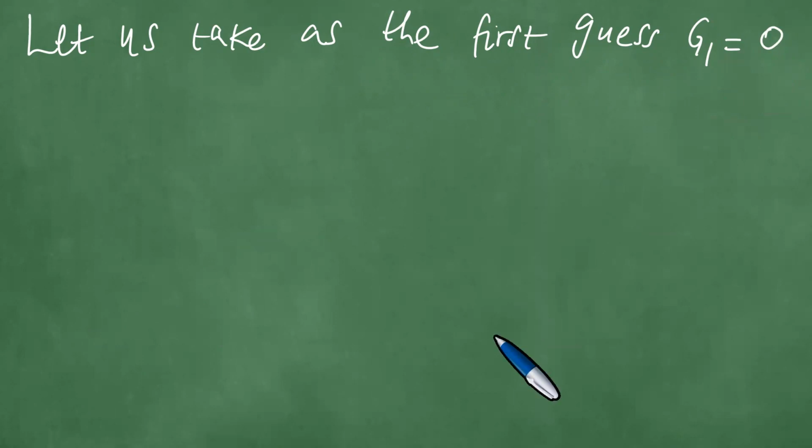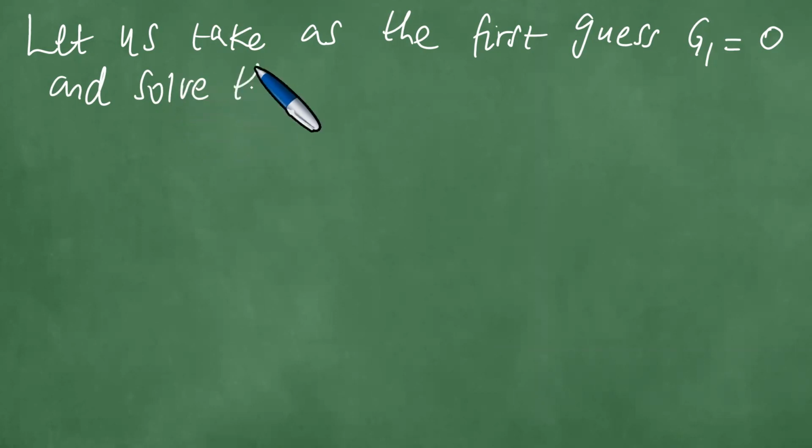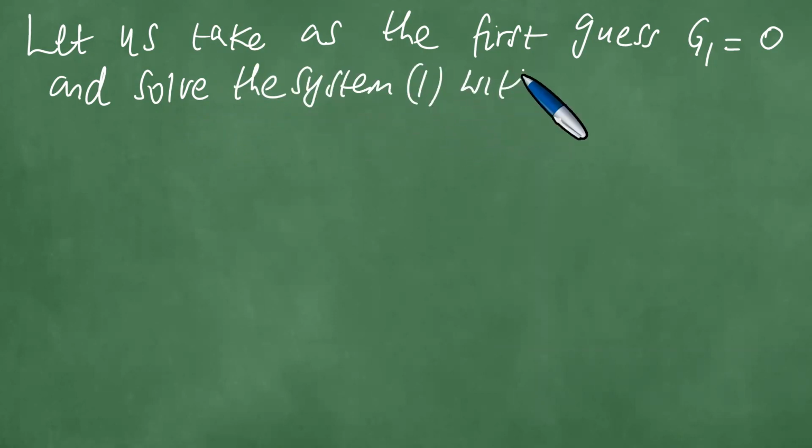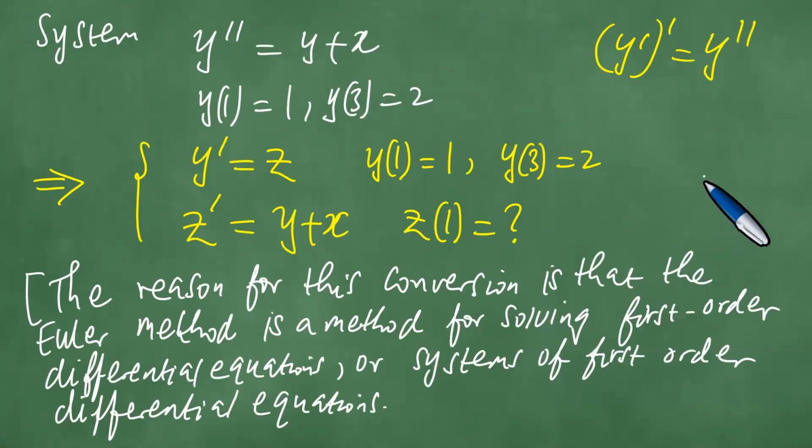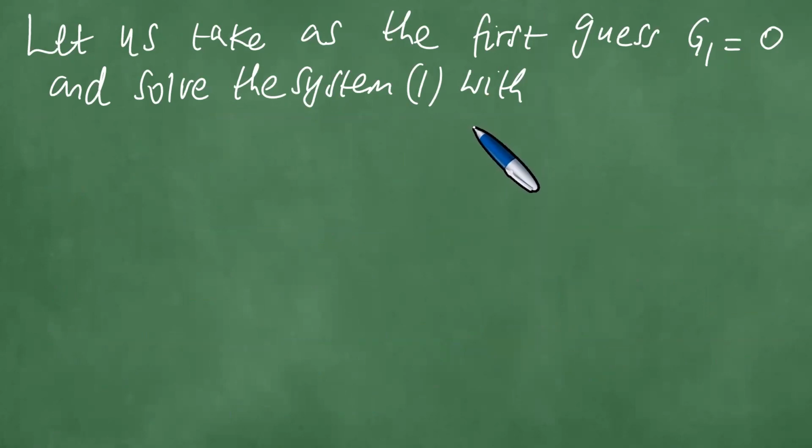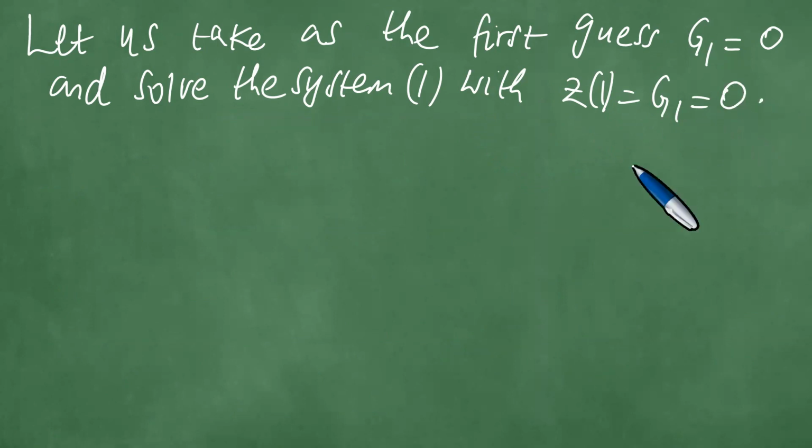We start at 0 and solve the system. Let's call it system 1, with z at 1 equals guess 1, which equals 0. The guess 1 is z at 1.